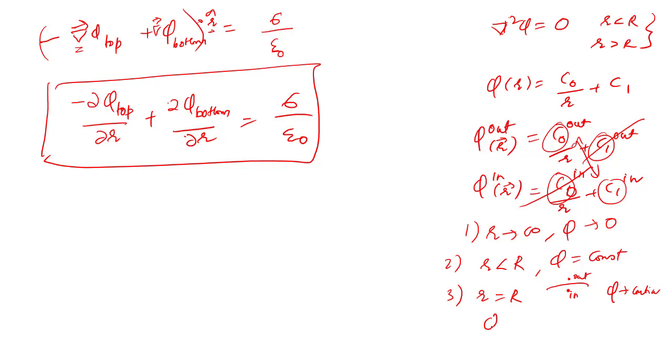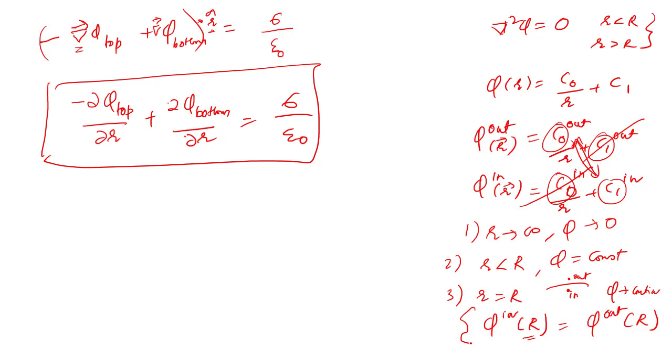So phi in at r equal to capital R was equal to phi out at r equal to capital R. So we related C0 out and C0 in through this. So it is enough to determine one of them.